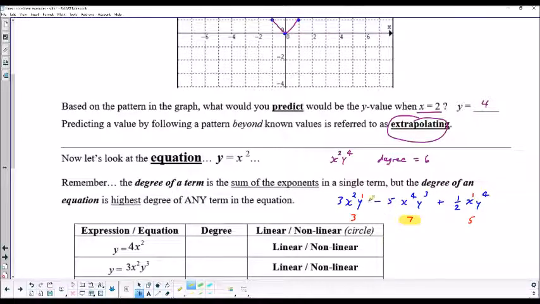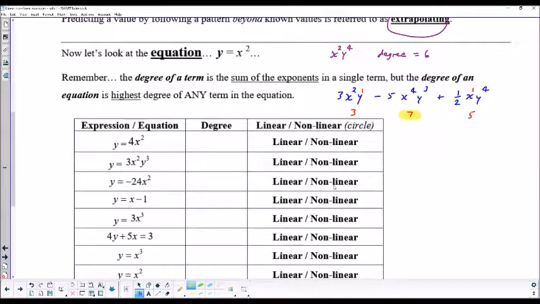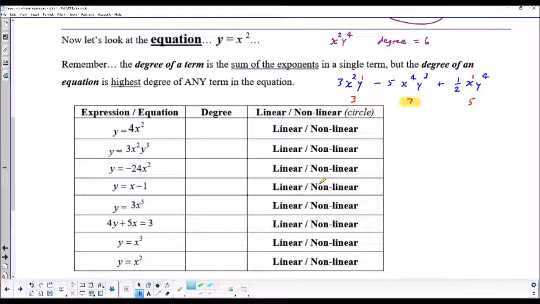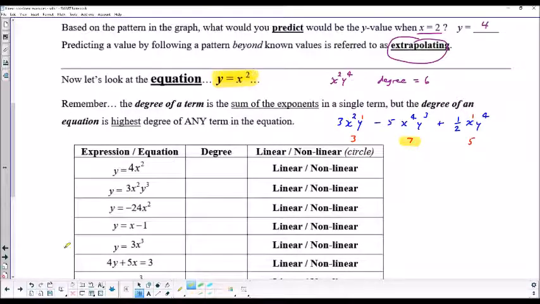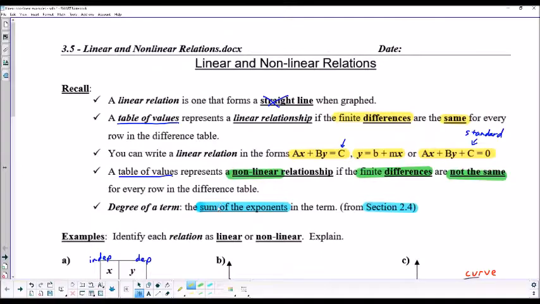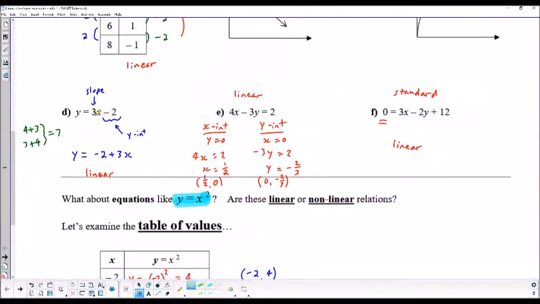Okay, so keeping all that in mind, let's take a look at this. Before we get into this, take a look at the equation y equals x squared. What do you see that's much different from that equation than these 3 equations over here? When we've got y equals 3x minus 2, 4x minus 3y equals 2, or 0 equals 3x minus 2y plus 12.